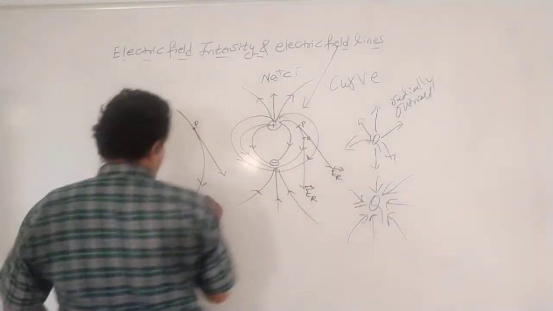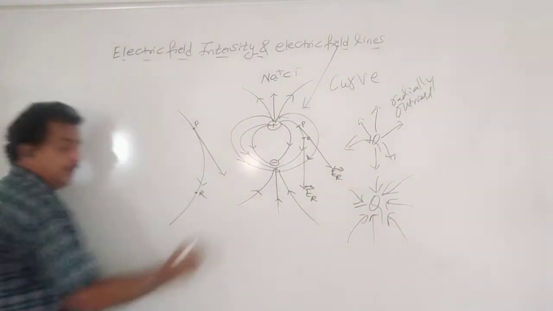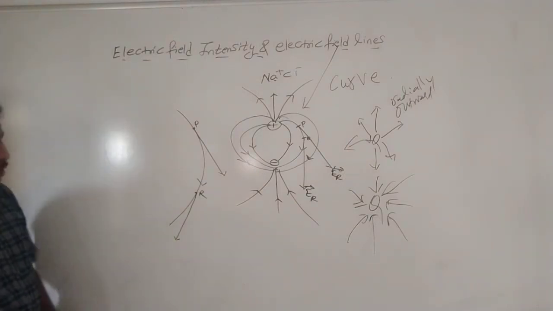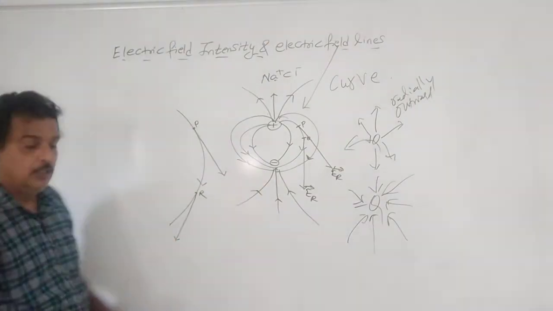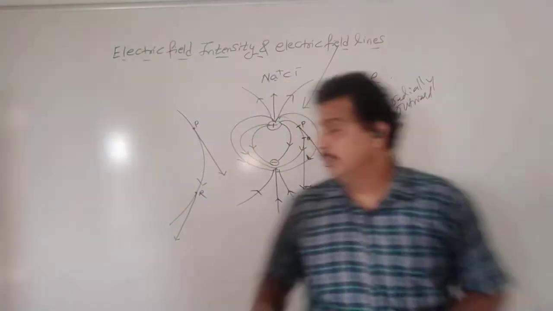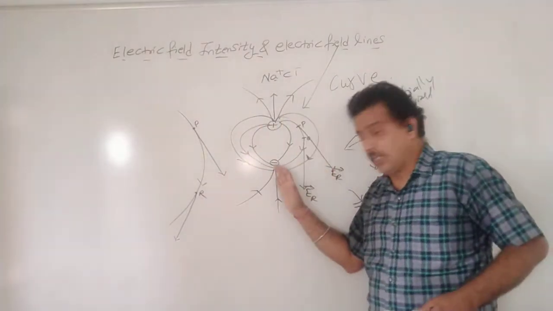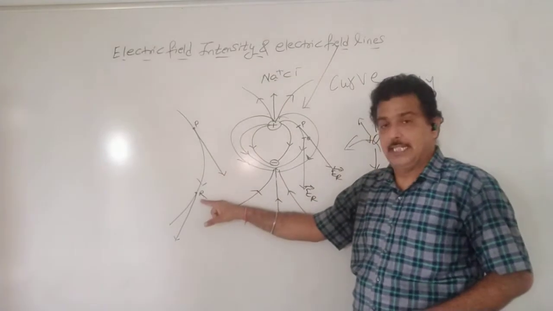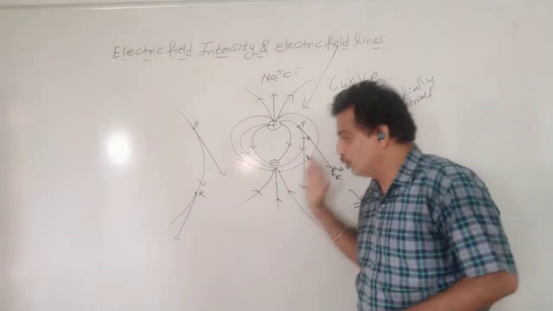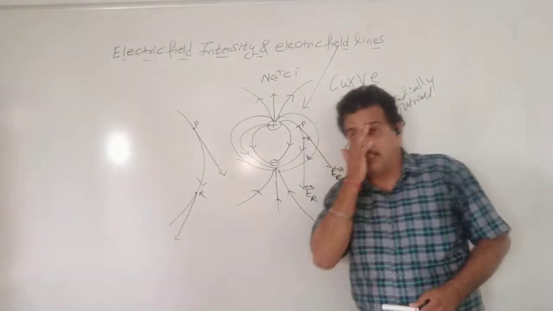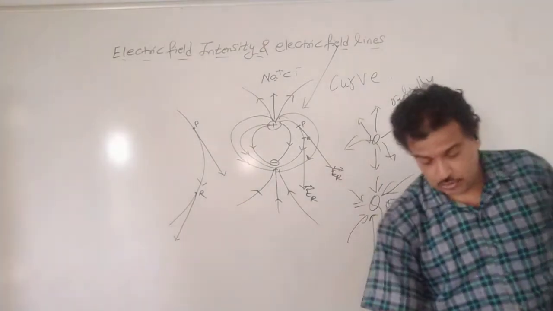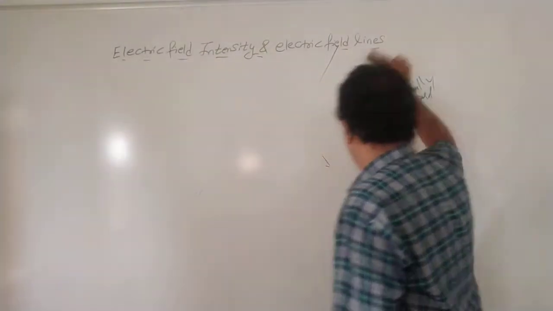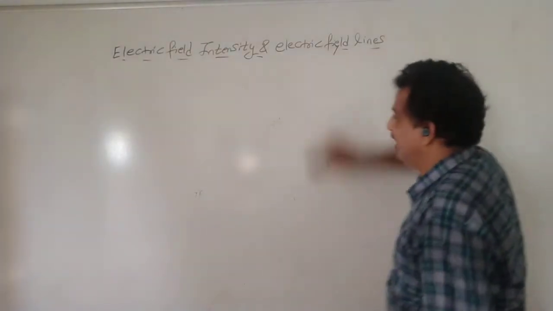If I take a point, say R, again the tangent should be drawn like this. So this is again the resultant of repulsion by the positive charge and attraction by the negative charge. Because you are moving towards the negative charge, attraction will be more, so this resultant comes out nearer to the negative charge. So your electric field lines can be straight or curved, and we sum up.